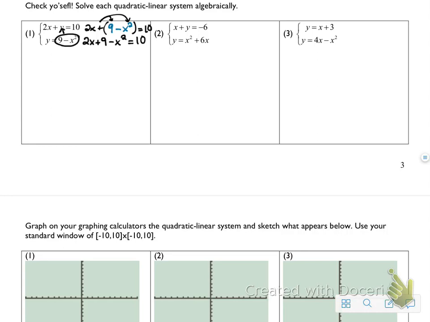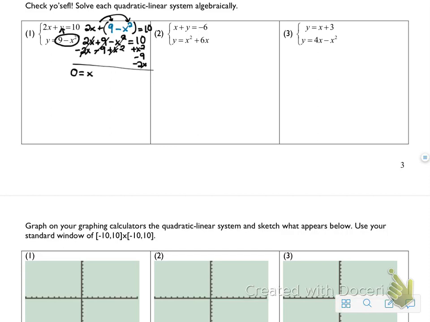So let's add x squared, subtract 9, and subtract 2x. Now we will get 0 on this side.